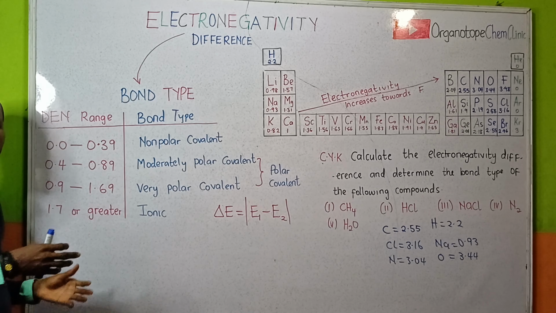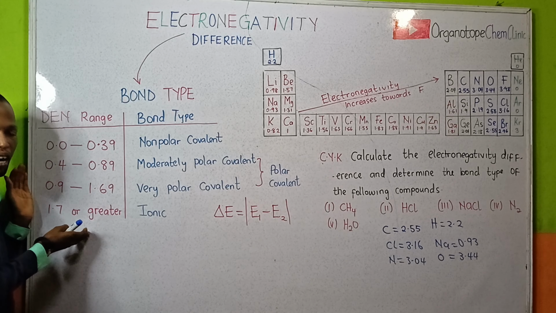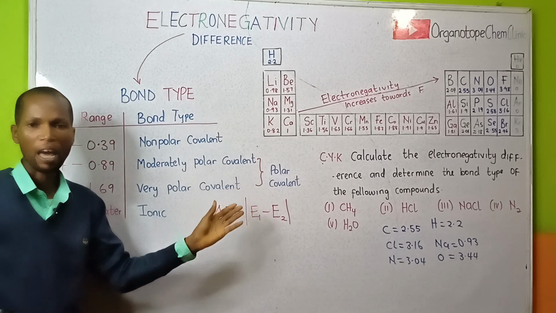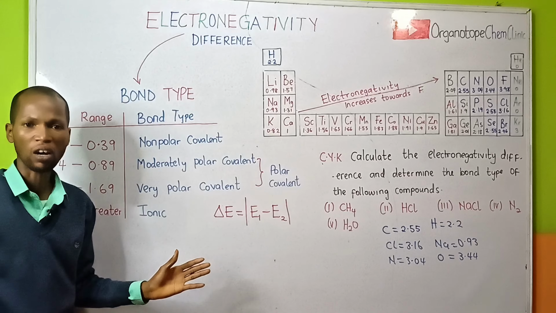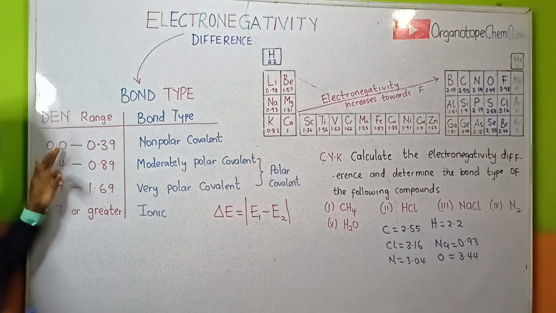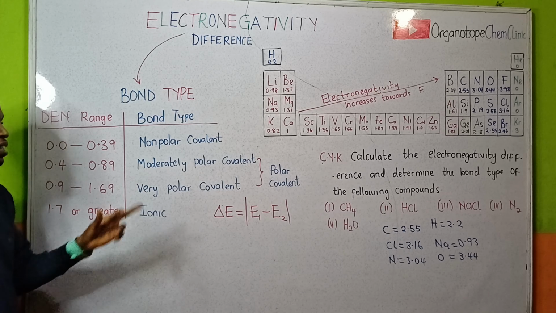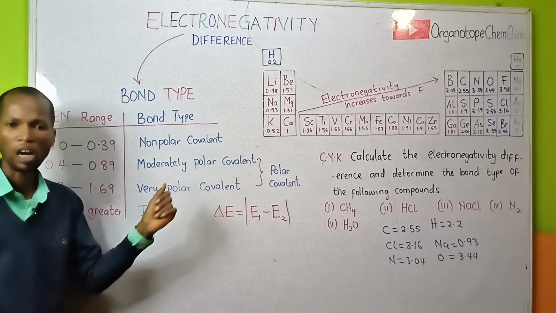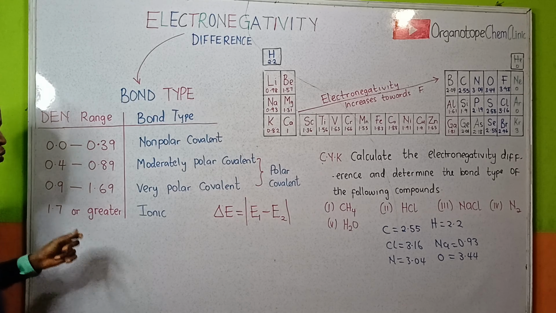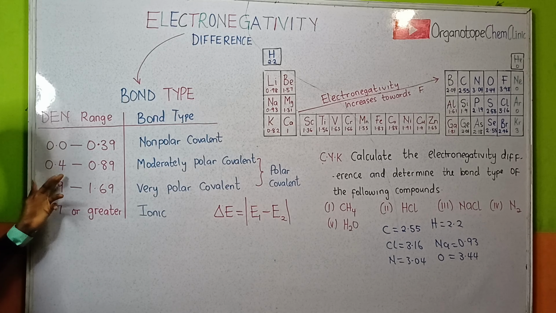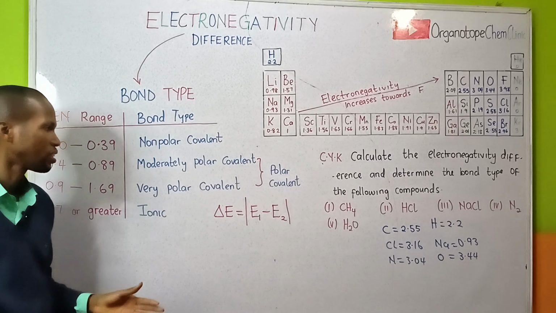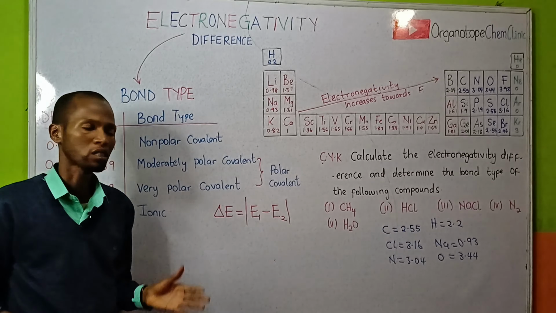The electronegativity difference range has been stated right here, while the bond type has been stated on the second column right here. When the range is between 0 and 0.39, the bond type is said to be nonpolar covalent. Also, when we have the range between 0.4 and 0.89, the bond type is said to be what?